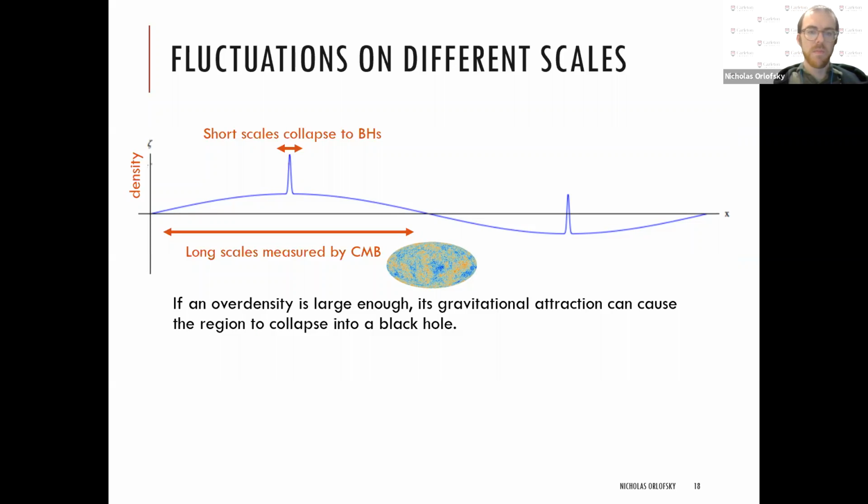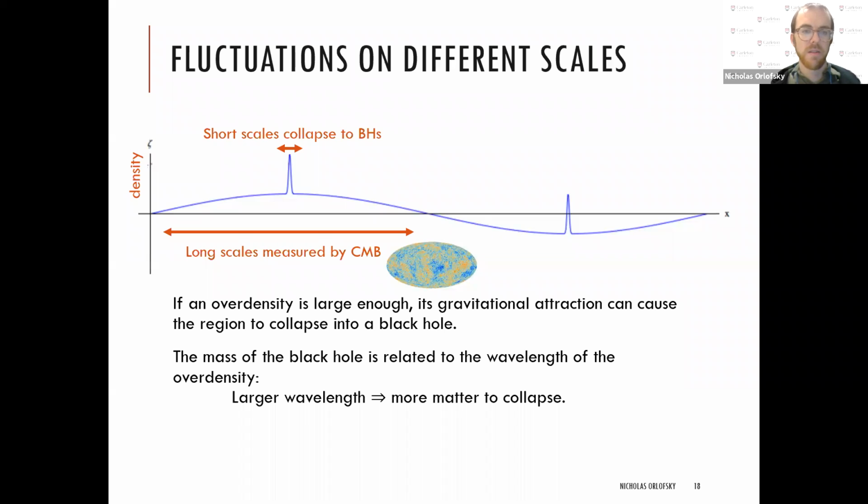While you measure some density fluctuations that are on the order of 10 to the minus 5 in the cosmic microwave background, if you can arrange such that there's some very enhanced density fluctuations at much smaller scales, and if those density fluctuations are large enough, then they can collapse to form black holes, and that's what a primordial black hole is.